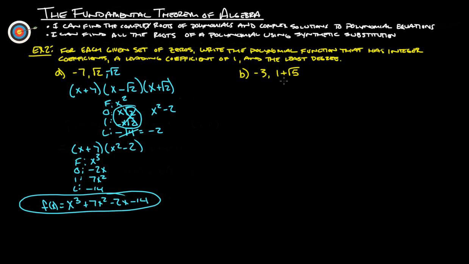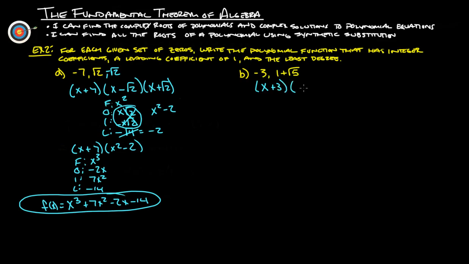All right, same idea here, except now we have to do the conjugate on that one. By the way, this is the rational root theorem. That's how we know this works. And this is the complex conjugate root theorem, which is a mouthful. Anyway, on this one, the negative 3 is the root for our x, so that's going to have to be x plus 3.